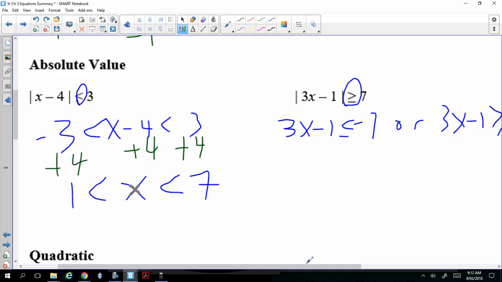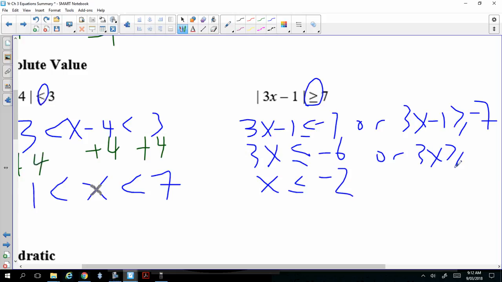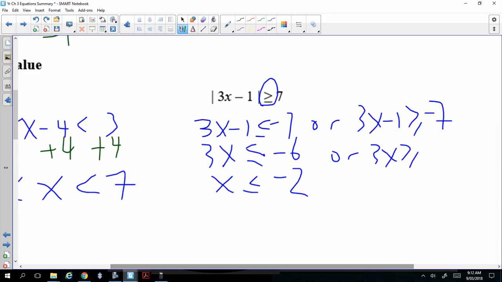So x is less than or equal to negative 2. Or 3x bigger than or equal to negative... I think I made a mistake. It doesn't have a negative. Yeah, the bigger than doesn't have the negative, just the positive. Alright, 7, so you add plus 1, you get 8, so x is bigger than or equal to 8 over 3.